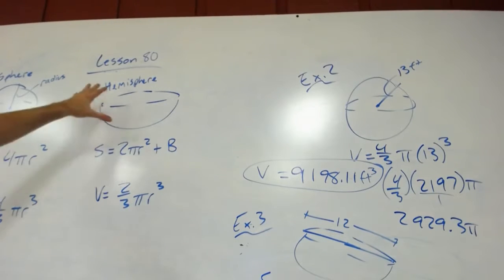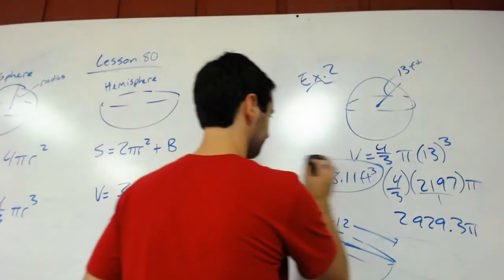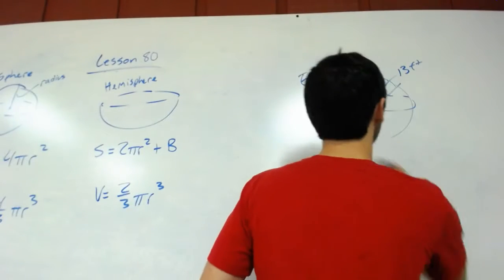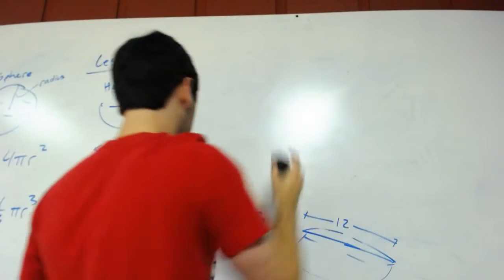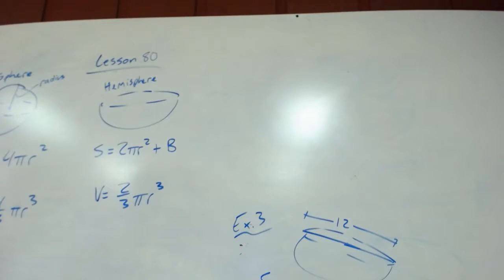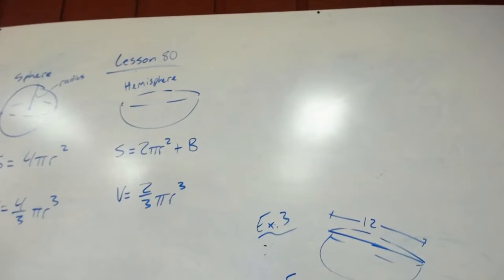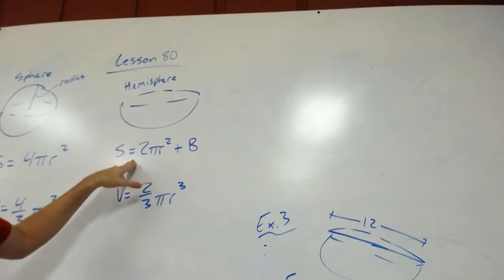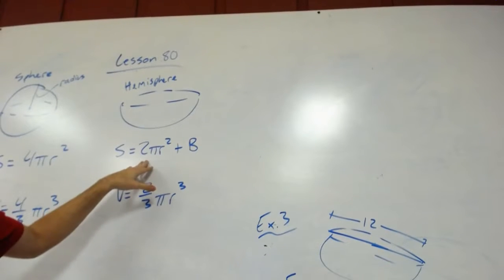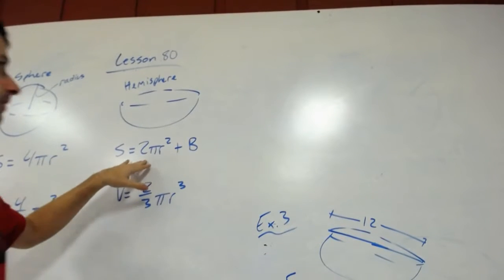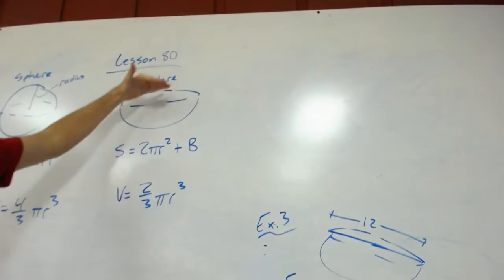So now let's talk about a hemisphere. So let me erase all this. Now a hemisphere, formulas are pretty close to similar. Surface area of a hemisphere, all we're doing is dividing by 2, because we cut it in half.